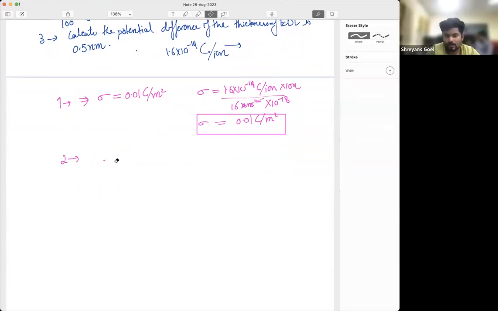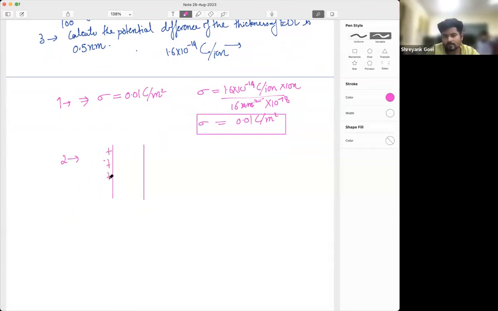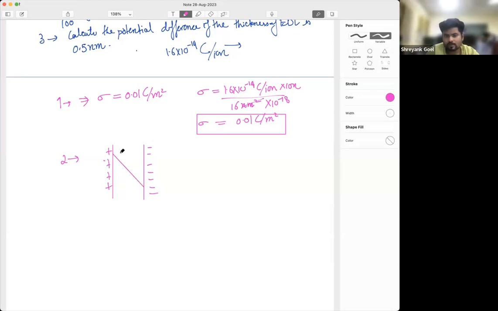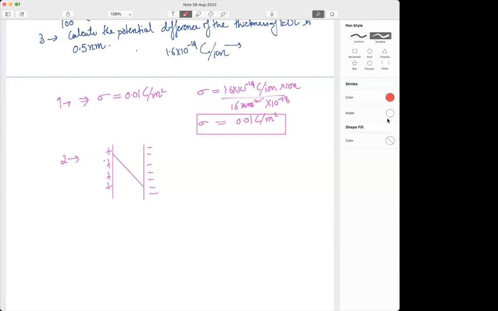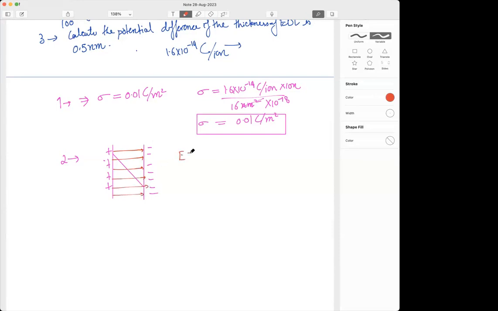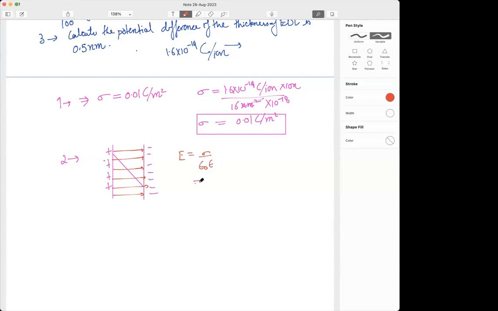So the ideal is like this: that is plus, that is minus, and the electric field lines are like this. So E is nothing but sigma by epsilon naught epsilon r.